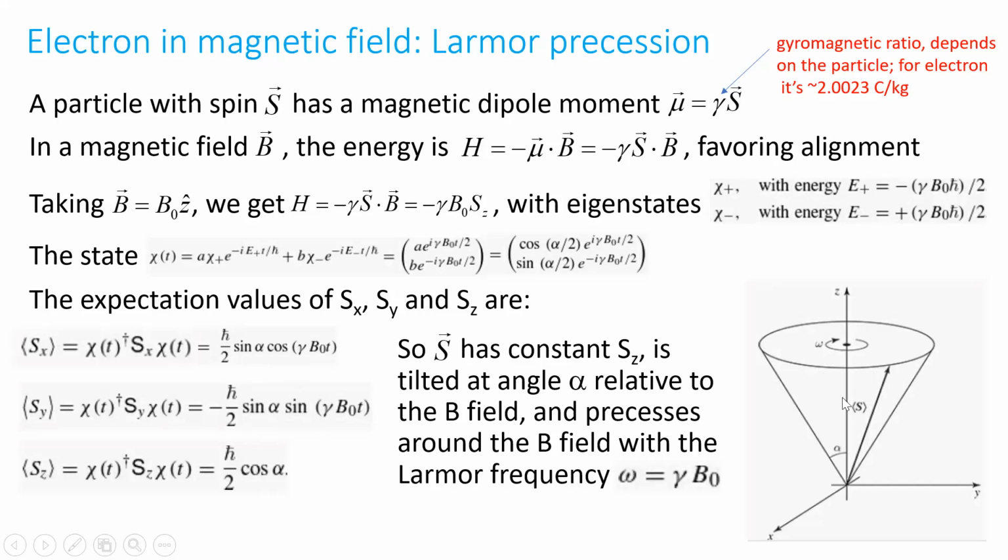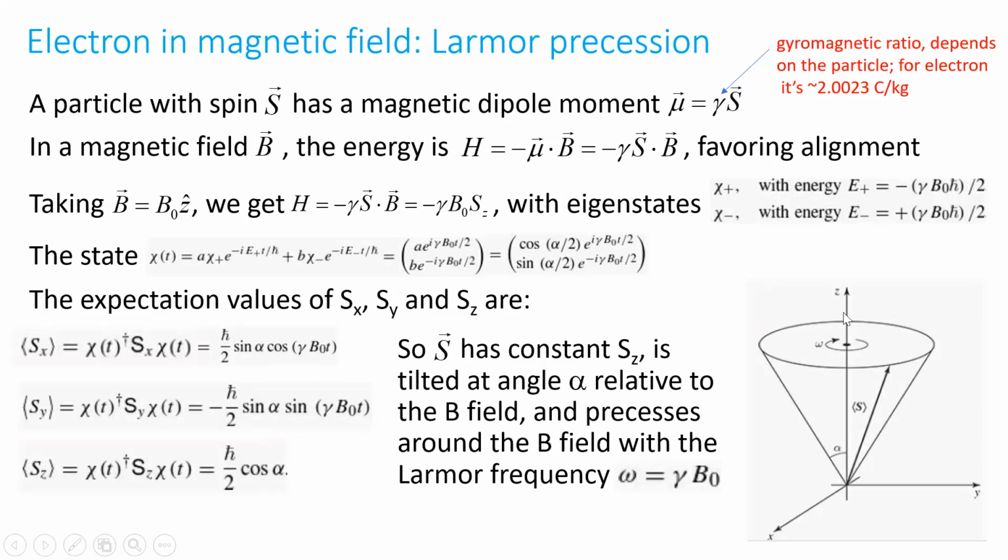Okay, so it has angle alpha relative to the B field, and whereas the Sz component stays constant, we see that there's a time dependence to the Sx and Sy. Sx goes as the cosine, Sy goes as the minus sine. And that has the effect of making this expectation value of S, the three components, precess around the magnetic field. So it'll circle the magnetic field.